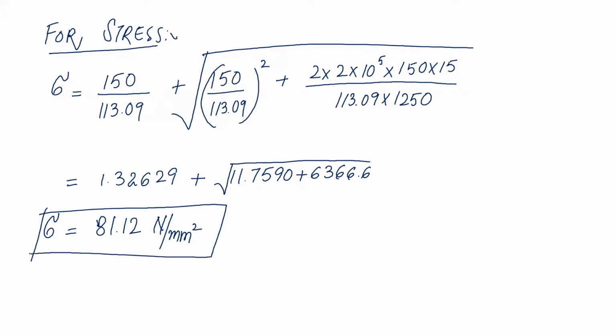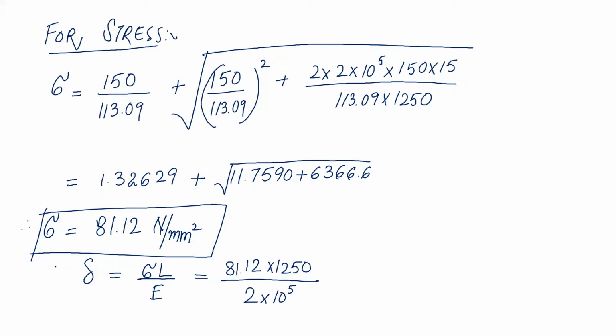Now I have to go for delta L, that is sigma L upon E. So it is 81.12 multiplied by 1250 divided by 2 into 10 to the power 5.